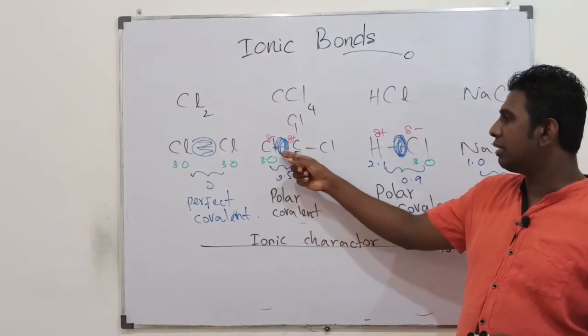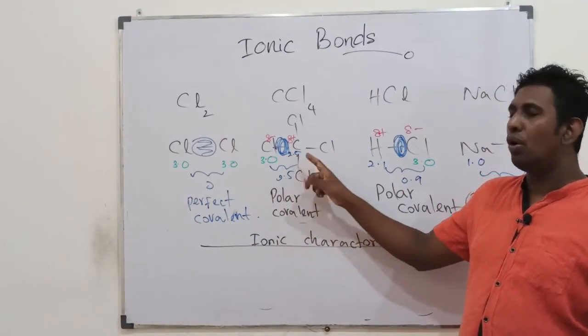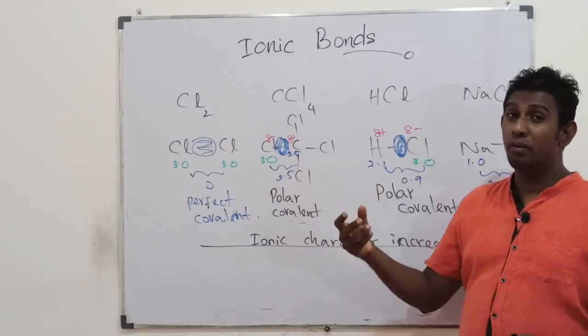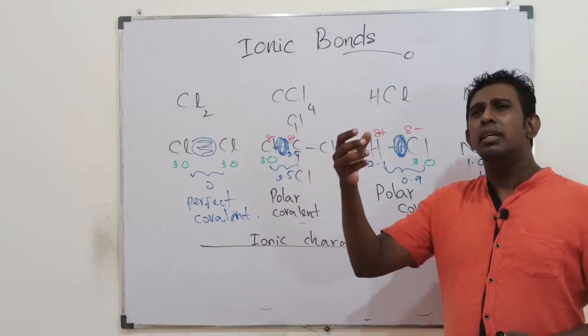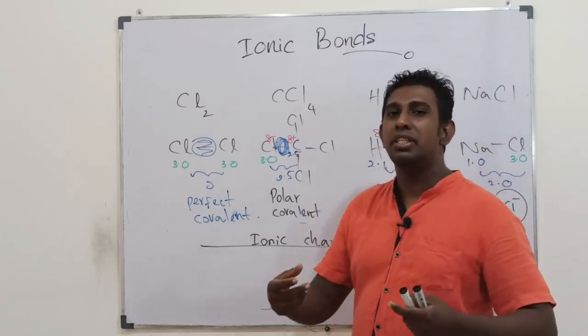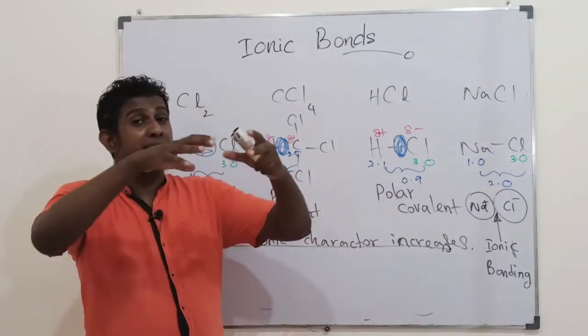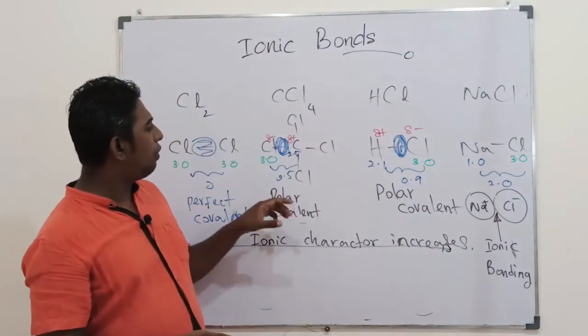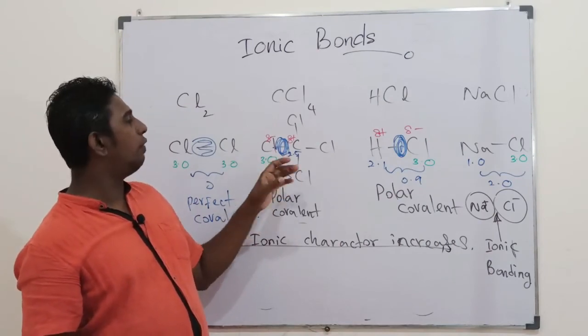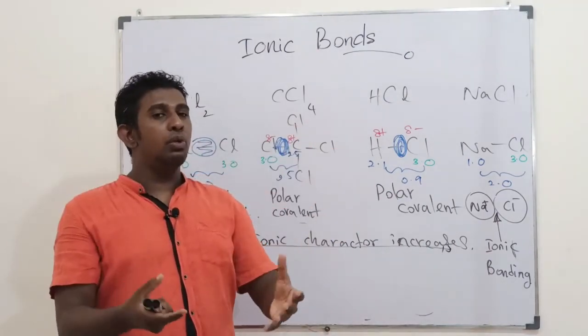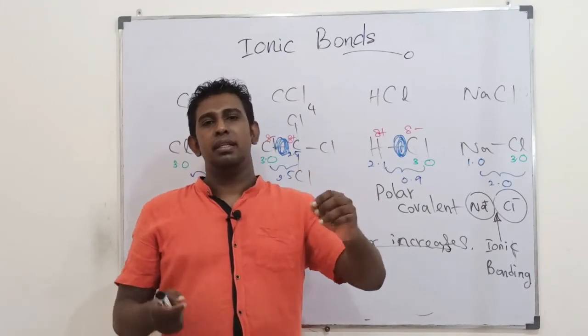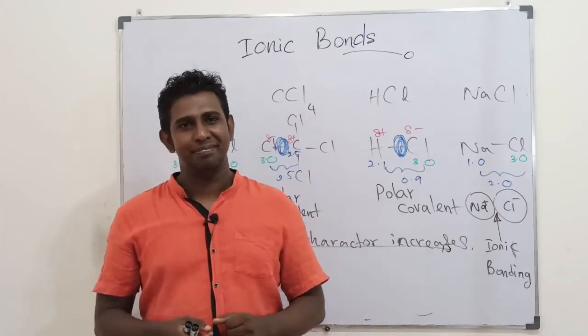Though all the bonds would be polar covalent, they would arrange in three-dimensional space symmetrically, cancelling the net result. Therefore, though this bond is polar covalent, the whole molecule would be non-polar. We are going to learn that soon in our future lesson.